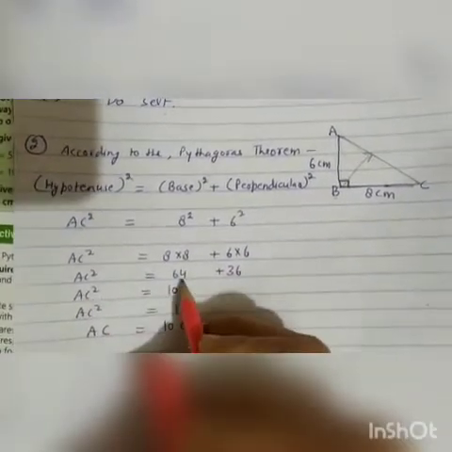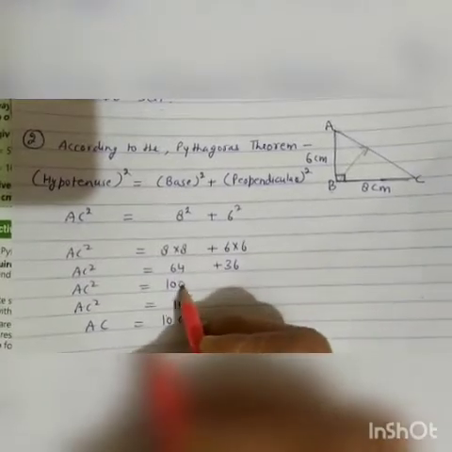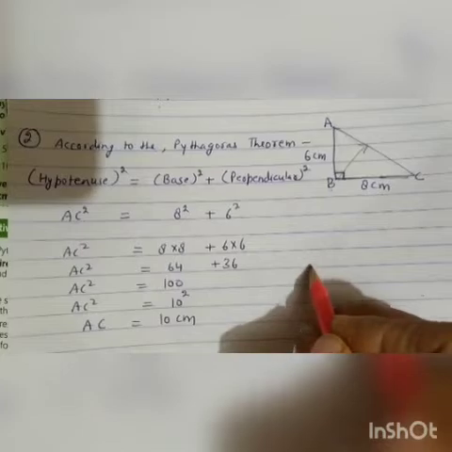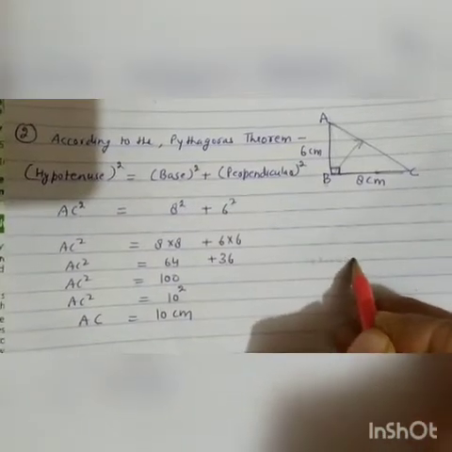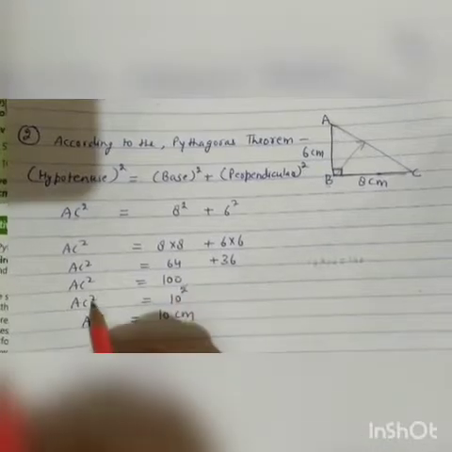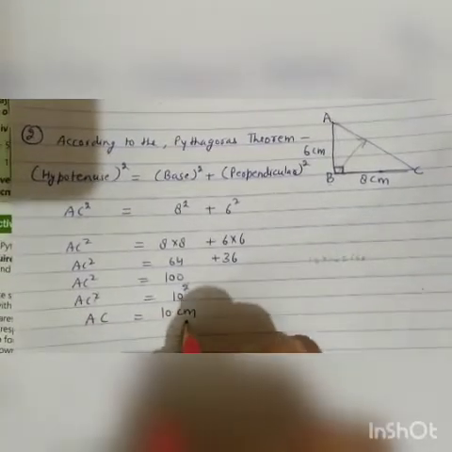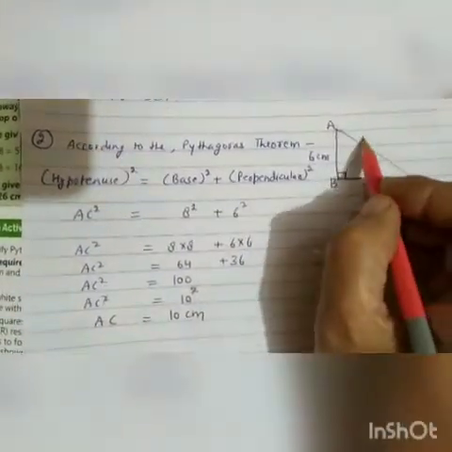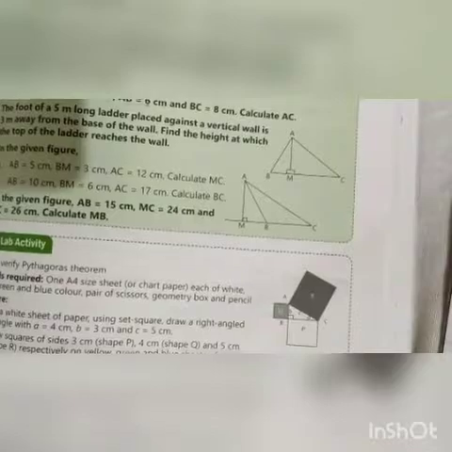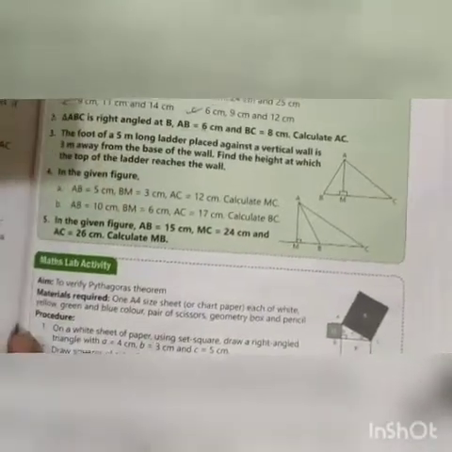AC square is equal 64 plus 36, 100. AC square is equal 100, which is 10 square because 10 into 10 is equal 100. So 100 is the square of 10. Now this square cancels. AC is equal 10 centimeter. Clear?